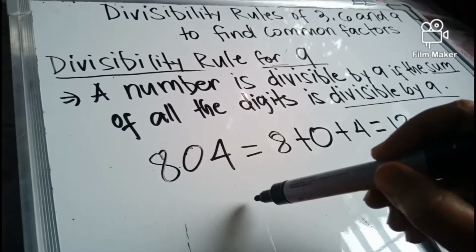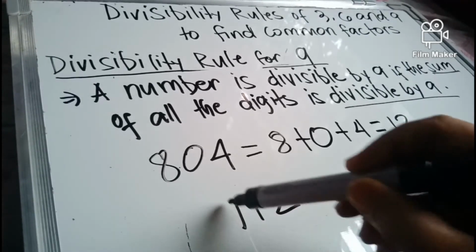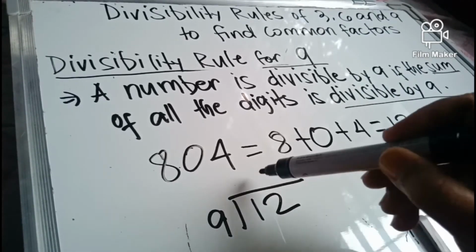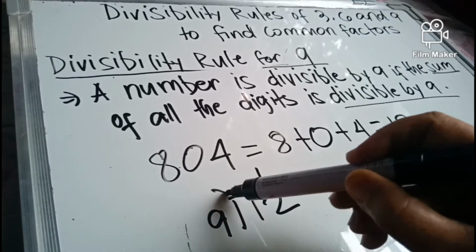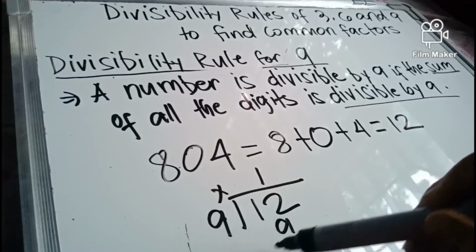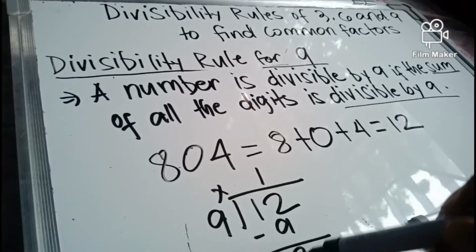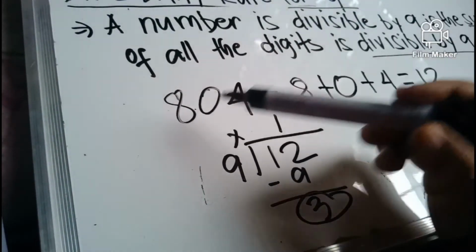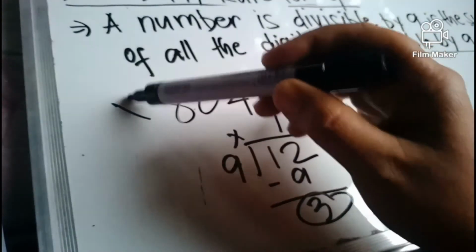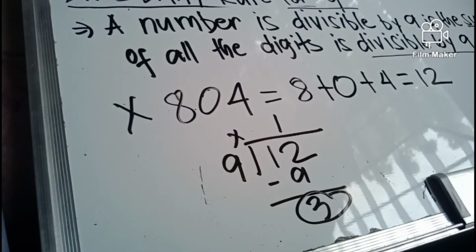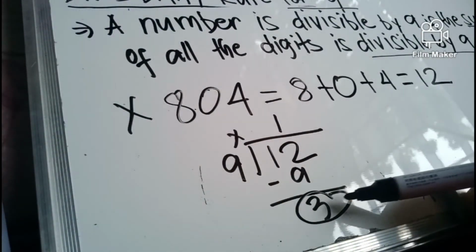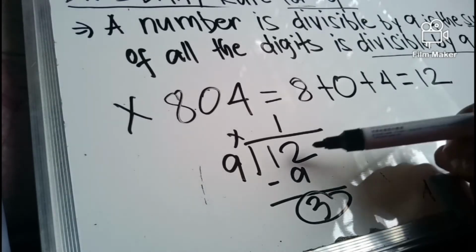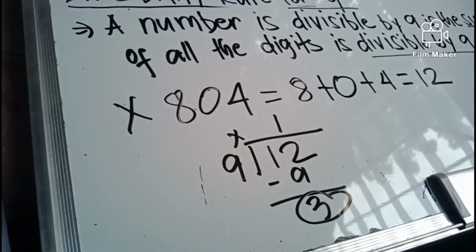Pakita ko. 12 divided by 9 is 1. 1 times 9 is 9. 12 minus 9 is 3. So, mayroong remainder. Therefore, 804 is not divisible by 9. Dahil mayroong remainder yung kanyang sum of the digits.